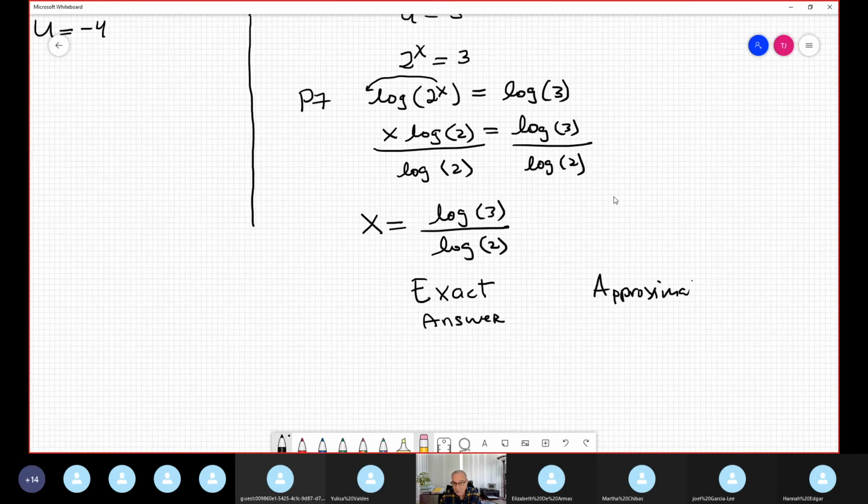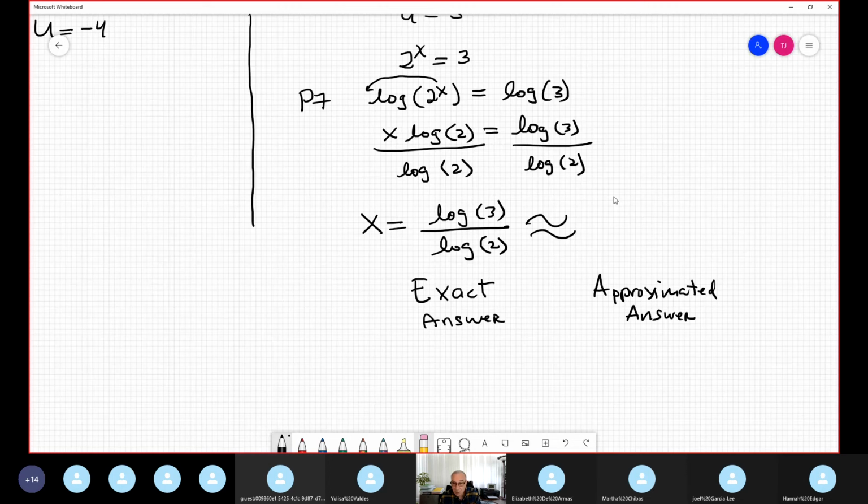So sometimes you need to find not an exact answer but an approximate answer. It's the thing we are doing with the calculator. This is approximate, and you put in the calculator log of 3 divided by log of 2. Boom!